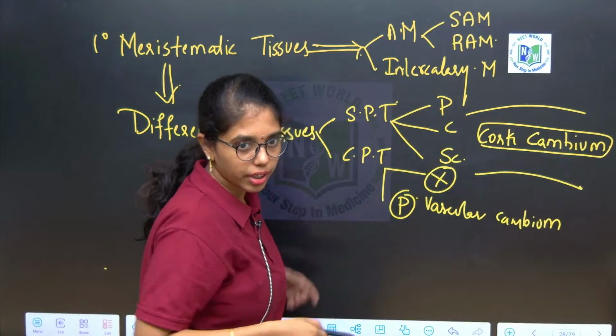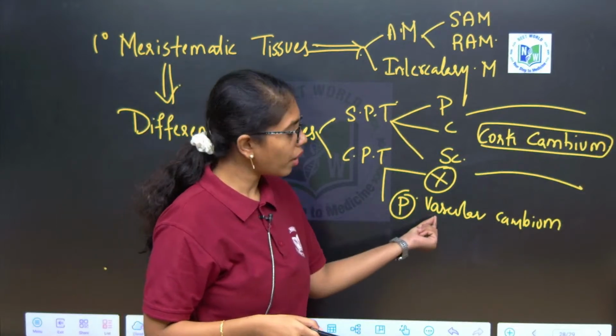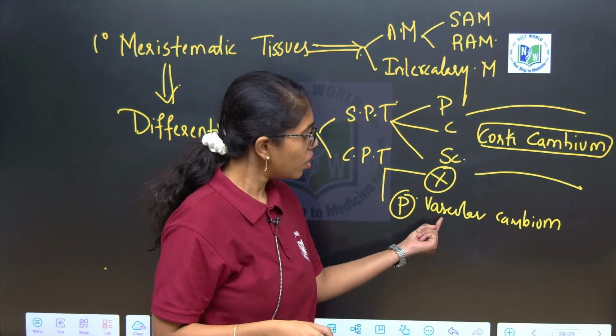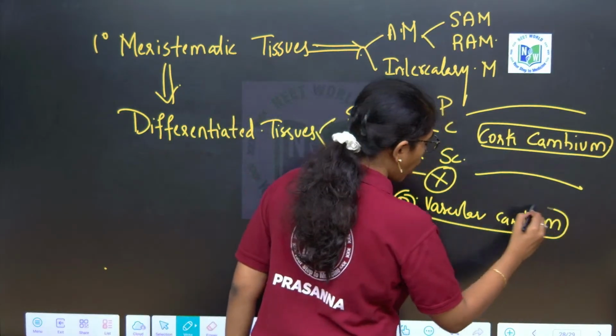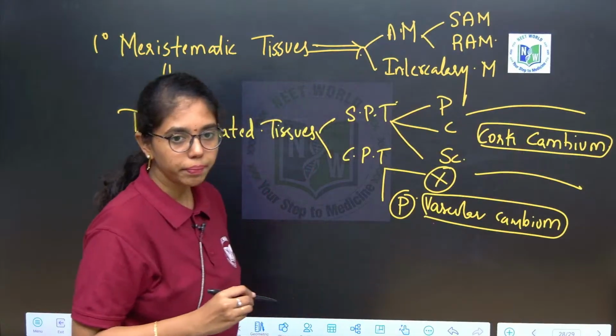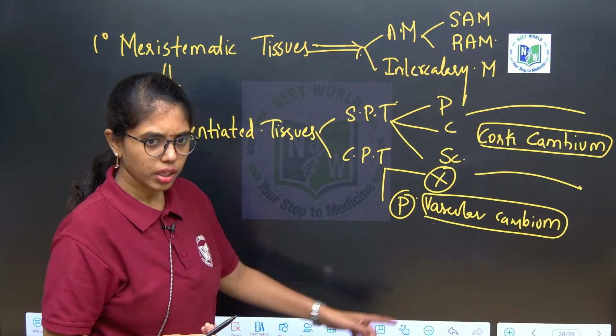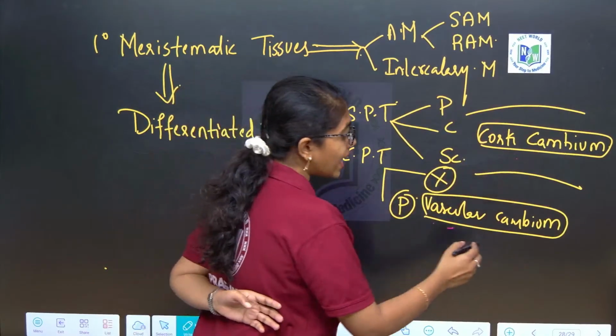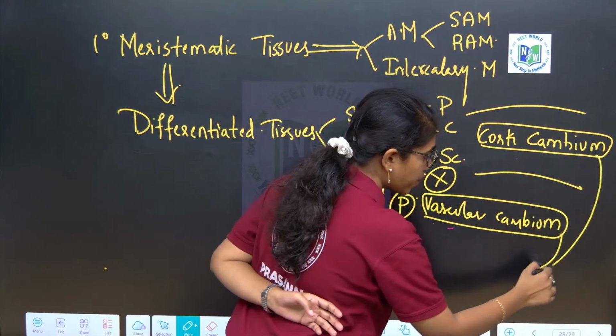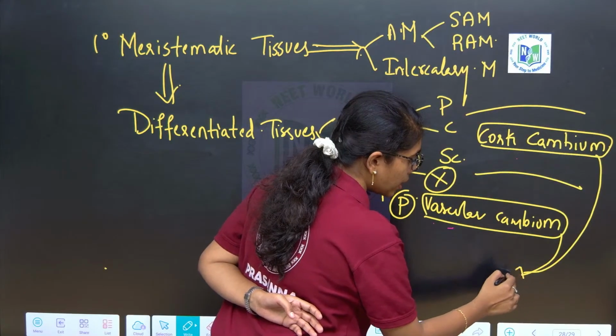Permanent tissues only, no? Differentiated tissues only. Few of them are transformed into vascular cambium and cork cambium. What is the function of vascular cambium and cork cambium? Division. So, they are getting dedifferentiated, right? Both of them are getting dedifferentiated.